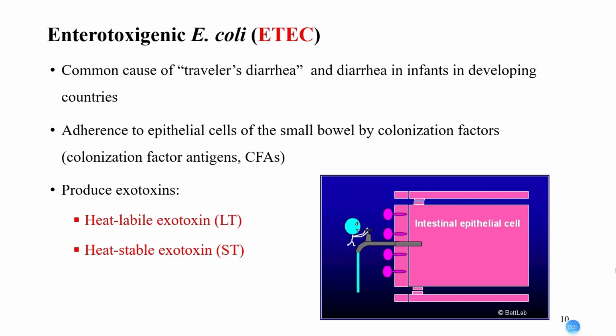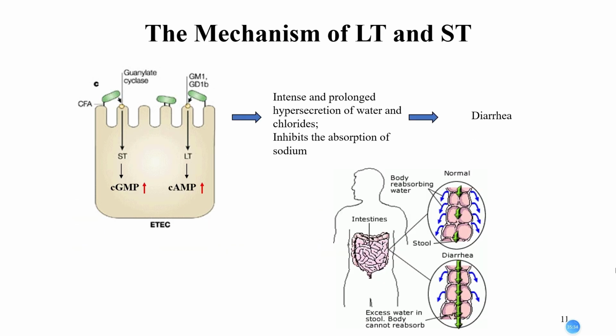LT and ST, during infection, these two exotoxins get into the epithelial cell and upregulate cAMP and cGMP. Here c stands for cyclic AMP, cyclic GMP.